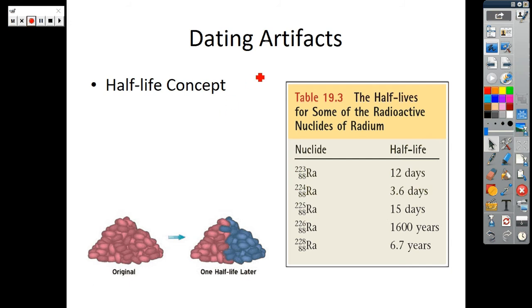A second use of nuclear chemistry is dating artifacts. We're going to come back to a little bit more about the half-life concept later.